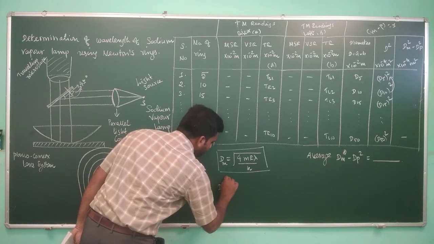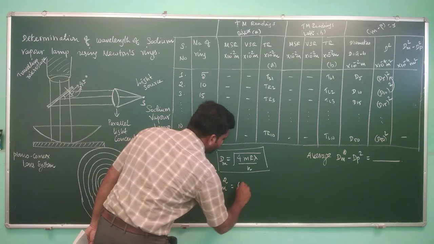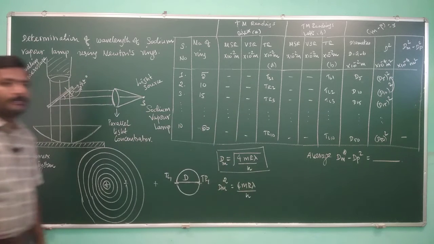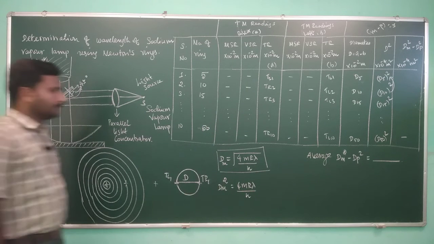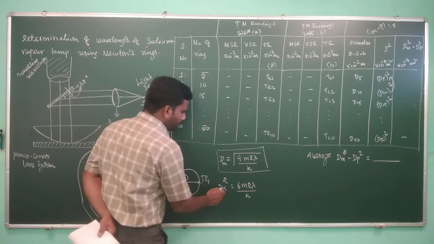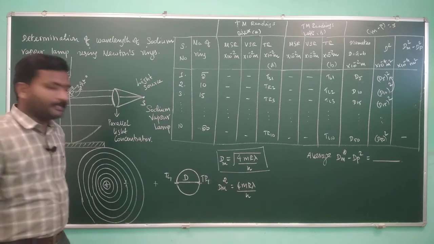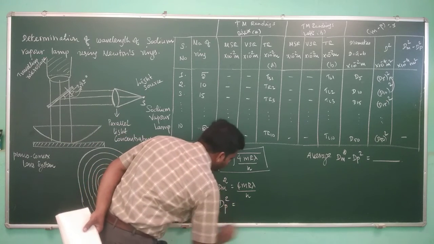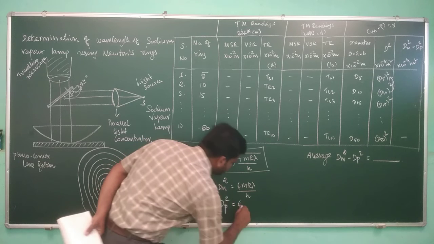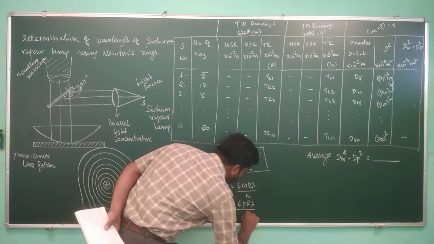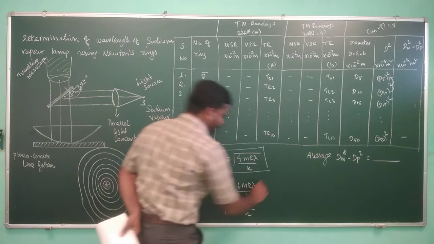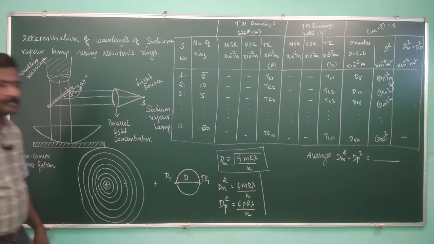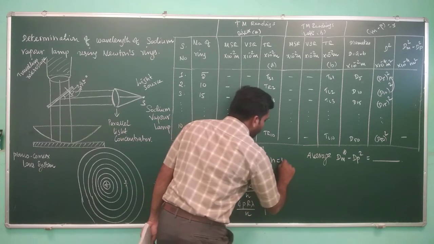Now if we rewrite this for Dm square, you can write 4 m R lambda by n. This is for the diameter of the mth ring, and for the diameter of the pth ring, you can write 4 p R lambda by n. Here this is an air film, the refractive index of air is equal to 1, so n equal to 1.